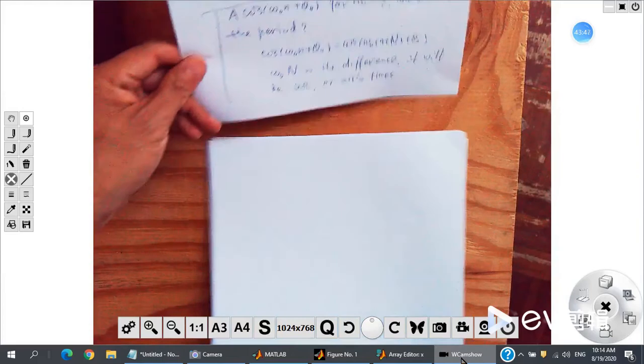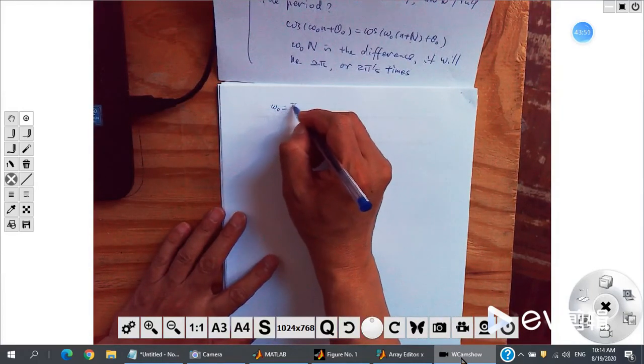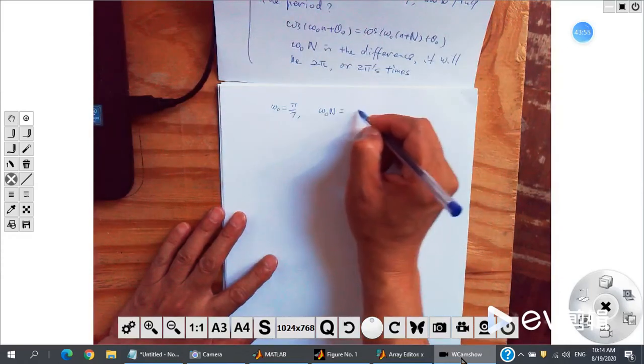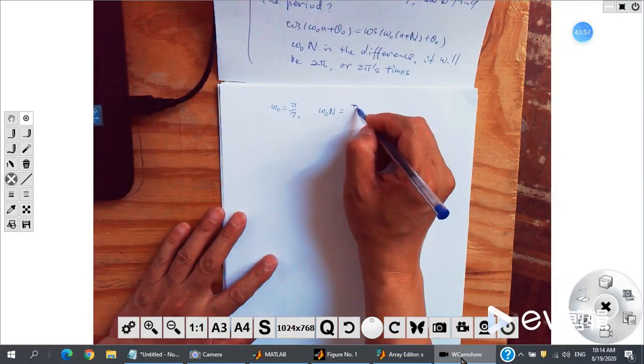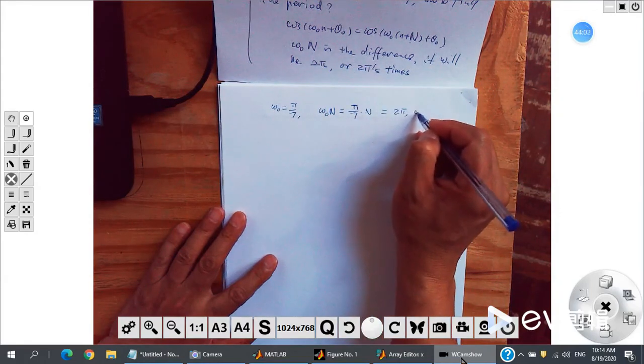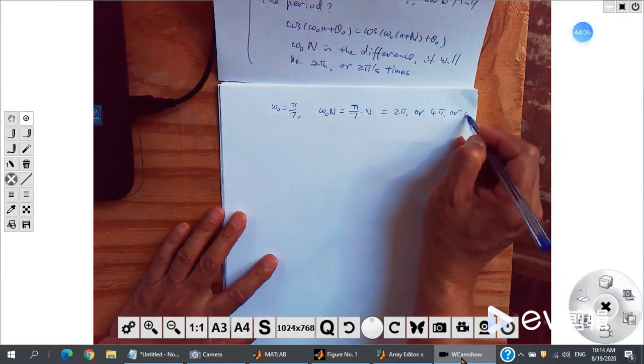Now we have omega 0. We plug in what omega 0 is: omega 0 is pi over 7. So omega 0 n equals pi over 7 times n. This will equal 2 pi or 4 pi or maybe negative 4 pi. You have a lot, right?